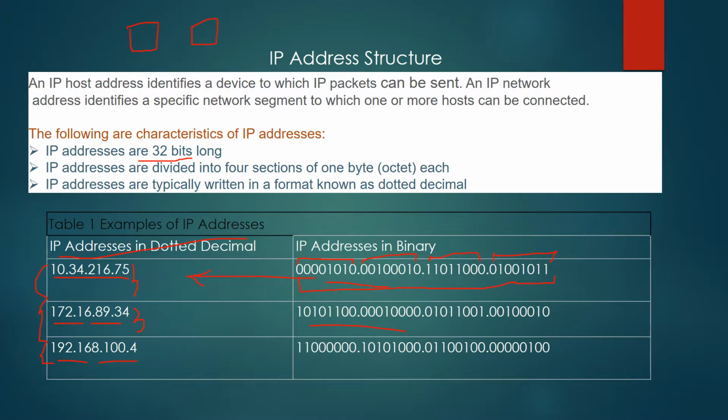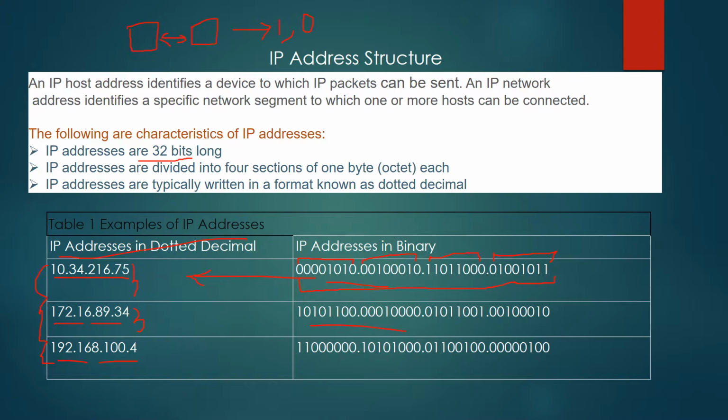How are they communicating? Are they communicating through decimal numbers? No, they will be communicating through binary numbers, because we know electronic devices only understand binary, that is 1 or 0. So that's what the IP address is all about.